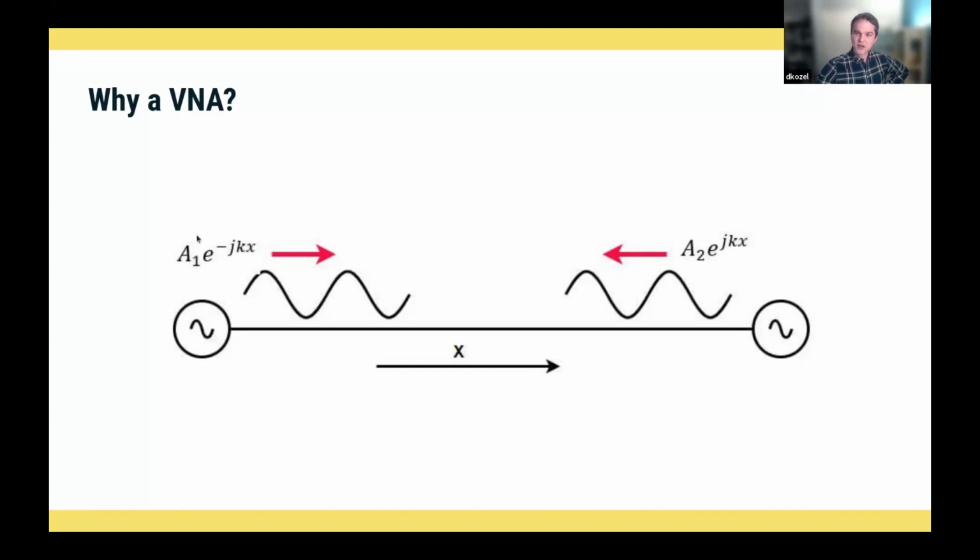And if you aren't already familiar with it, just take it as an assumption that e to the j k x is representing a sinusoid. It's representing a frequency, a circle. As we progress in time, this would rotate around and create a sine wave.